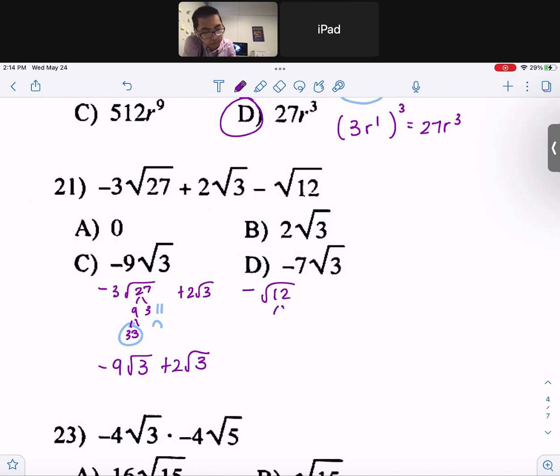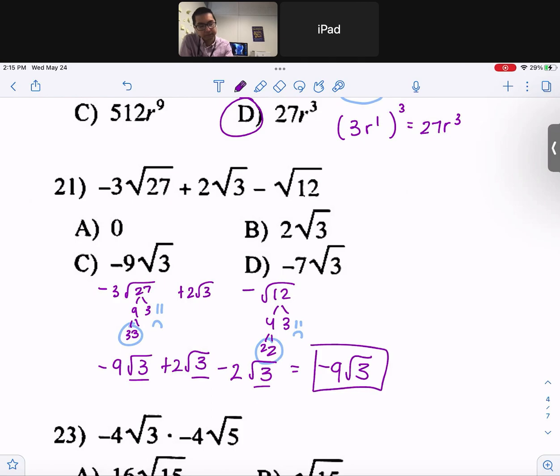Negative rad 12. You could break this down to 4 times 3 and then 2 times 2. Pairs of 2s, leftover 3, so the pair comes on the outside, the leftover remains on the inside. And because all of these have the same radicand, you can combine all of these coefficients. Negative 9 plus 2 minus 2, that's going to be negative 9, radical 3.